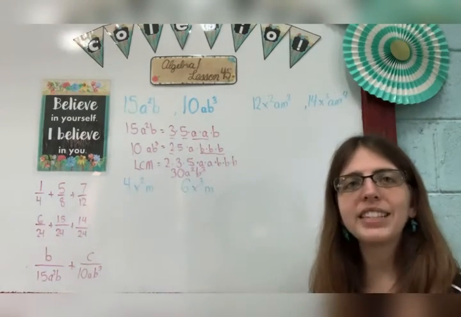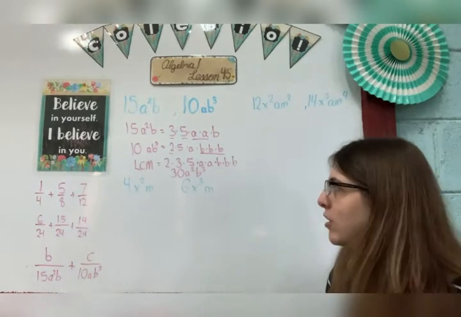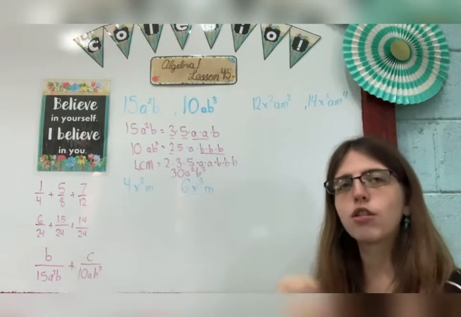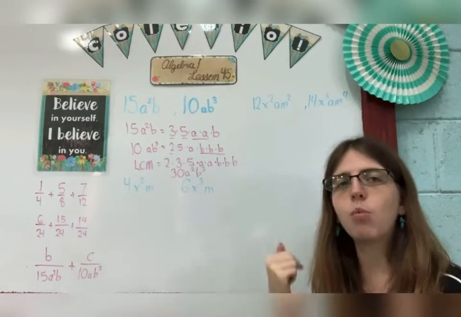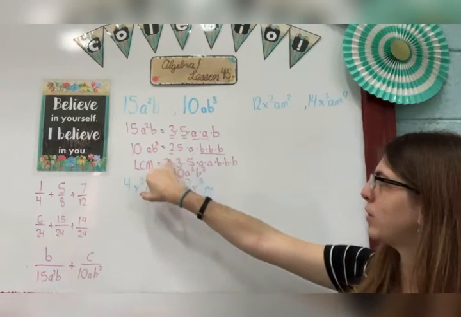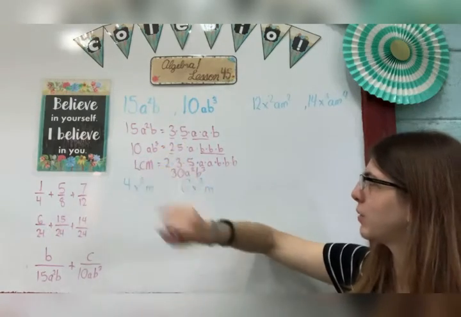Then to find the least common multiple, we use the same rule that we used from yesterday. We take each prime factor the greatest number of times it's used in one number. So 2, the greatest number of times it's used is once, 3, greatest number is once, and 5, greatest is once.